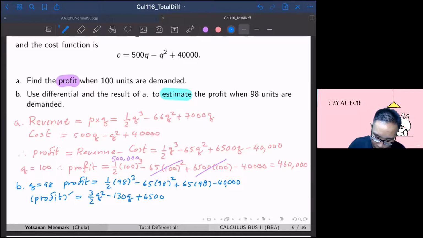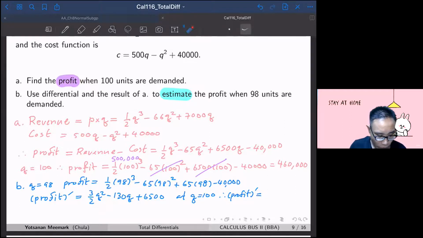And at Q equal to 100, you get profit prime. So when you have Q equal to 100, you can just plug in. You just plug in Q equal to 100, and this term will give you negative 65,000, and this one you do Q equal to 100 squared. So you're able to compute this.